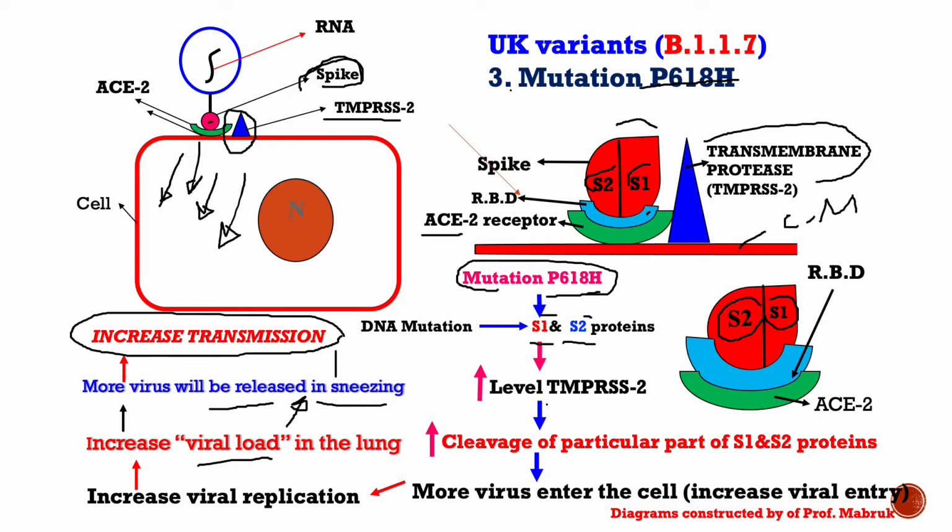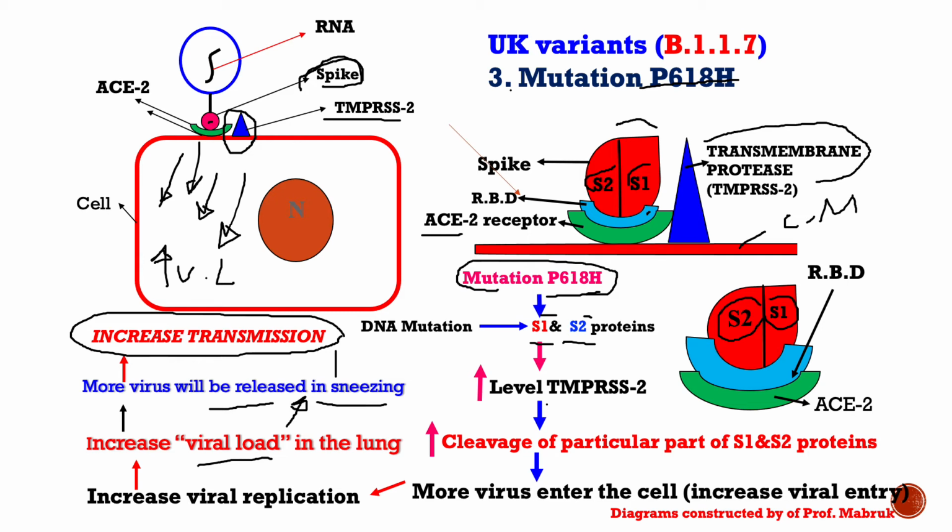As I mentioned previously, this will result in an increase in the viral load inside the cell, for example in the lung cells. Because there's an increase in the viral load, more virus will be released from the droplets of the infected individual or in sneezing.